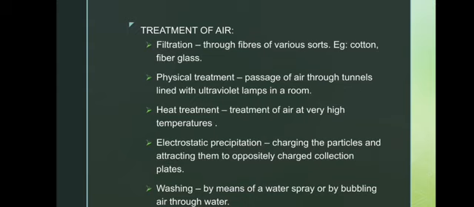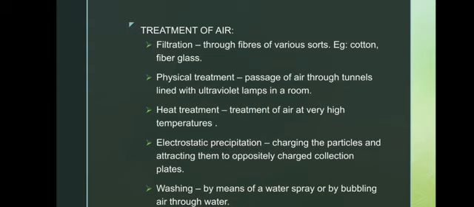Chemical treatment is the passage of air through chemicals, and physical treatment involves the passage of air through tunnels or an enclosed chamber lined with ultraviolet lamps. After passing through the ultraviolet lamps, sterilized, contaminant-free air passes out. So this is a common method.